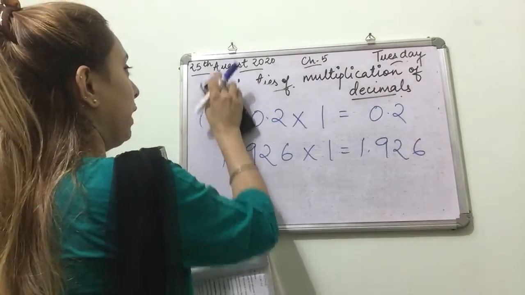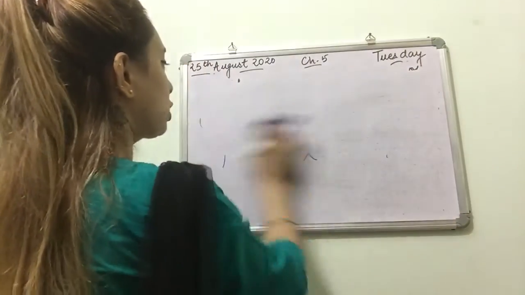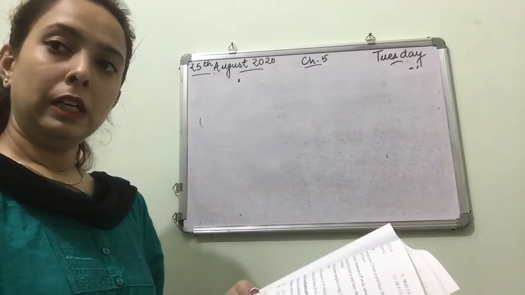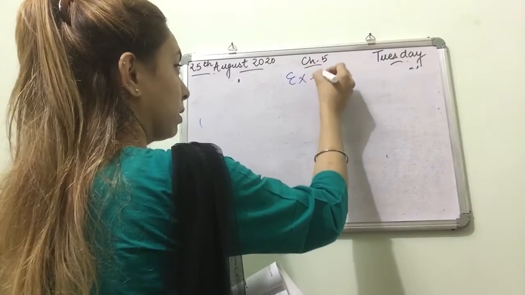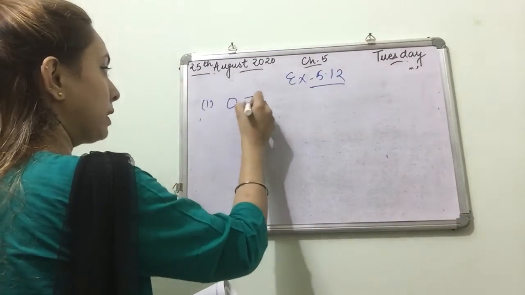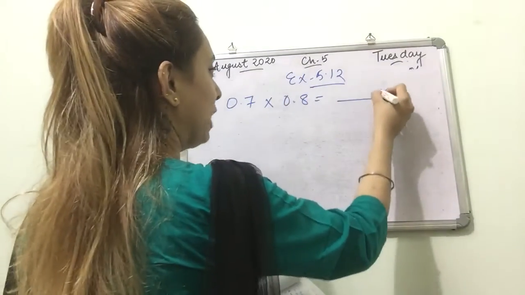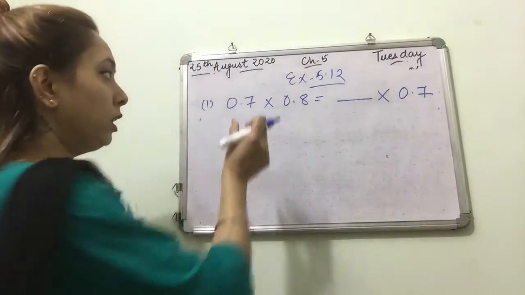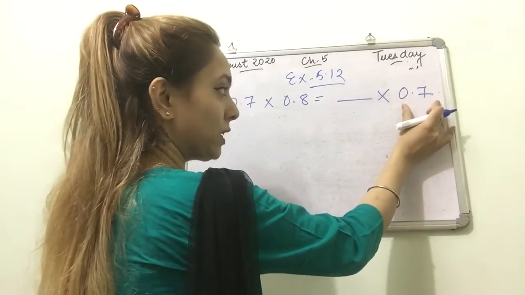Exercise 5.12. First question is 0.7 multiplied by 0.8 is equal to dash and then 0.7. So here 0.7 was this side and here the 0.7 is on this side.